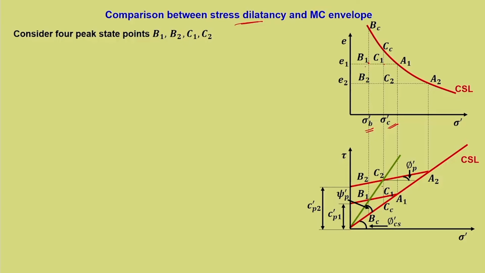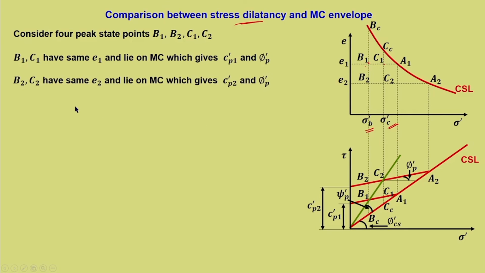So phi dash P, for the peak line, is the critical state angle plus the dilation. B1 and C1 have the same e1 and lie on the Mohr-Coulomb failure envelope, which gives c dash P1 and phi dash P. We have already seen that. B2 and C2 have the same e2 and lie on the Mohr-Coulomb failure envelope, which gives c dash P2 and phi dash P.